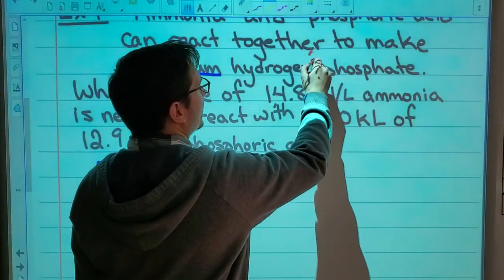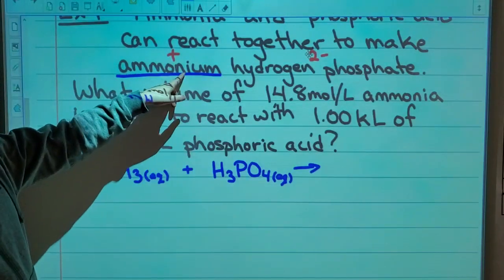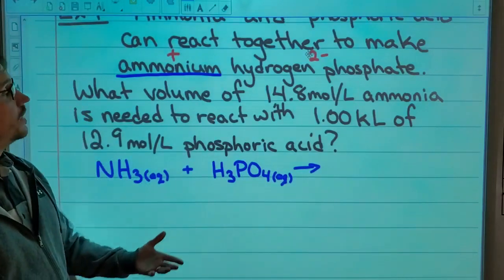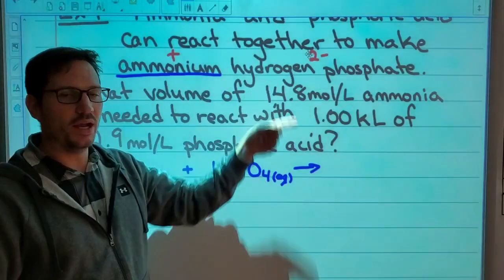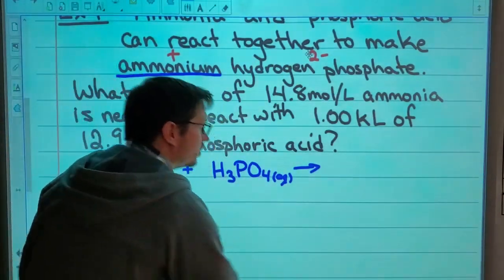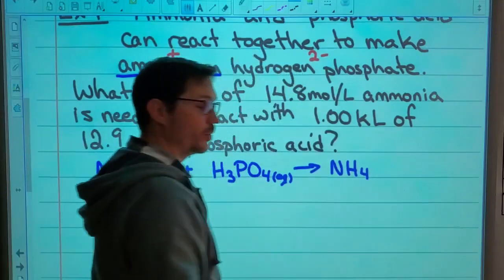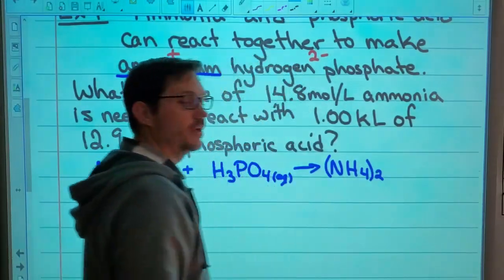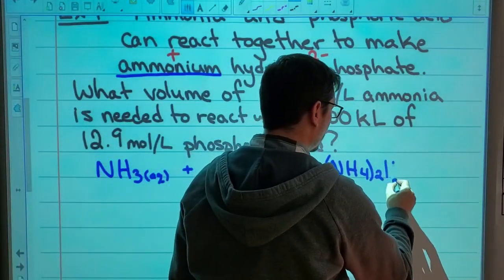So how many ammoniums and how many hydrogen phosphates would we need? Well, 1 plus and 2 minus, we need 2 ammoniums for every 1 hydrogen phosphate. So NH4, but we need 2 of them. So bracket 2, and then hydrogen phosphate is HPO4.